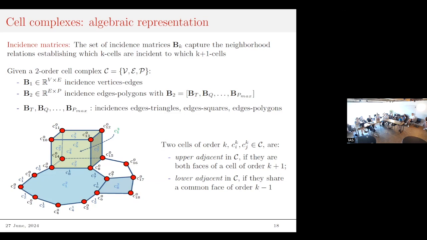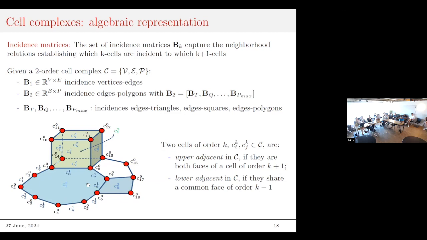Another thing is that if we have two cells of a given order, for example, if I consider these two cells here that are 1-cells, C17 and C16, these two cells are upper adjacent because they are faces of this cell here, C12, of higher order.